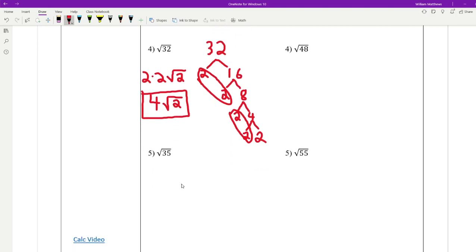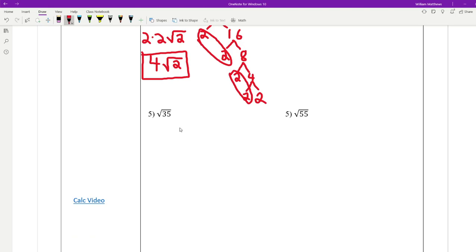Our last example, the square root of 35. In this case, it's not an even number, so we do not have a factor of 2. Our digits do not add up to be divisible by 3, so it's not divisible by 3. It does end in a 5, so I know that I have a factor of 5.